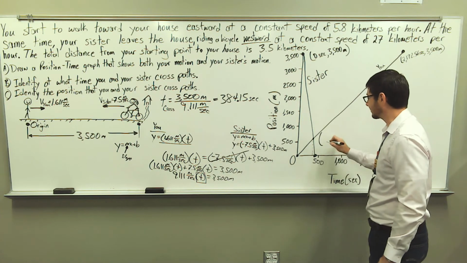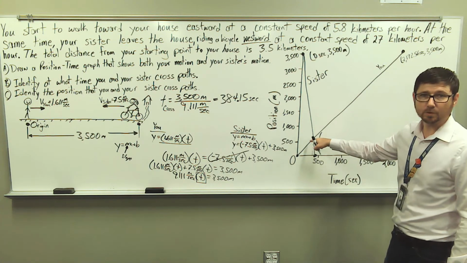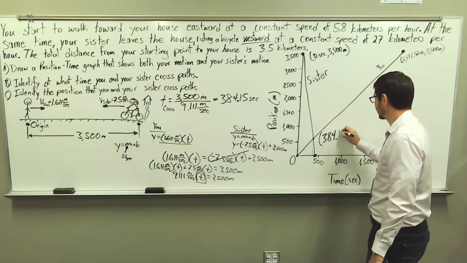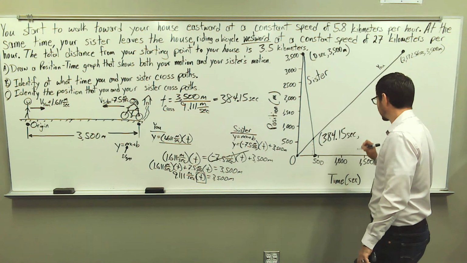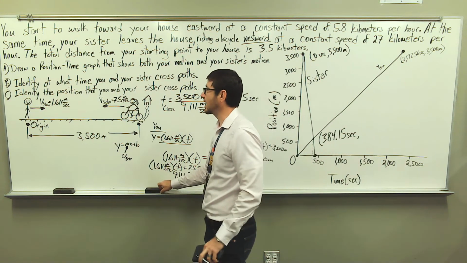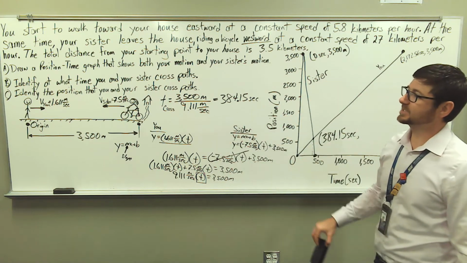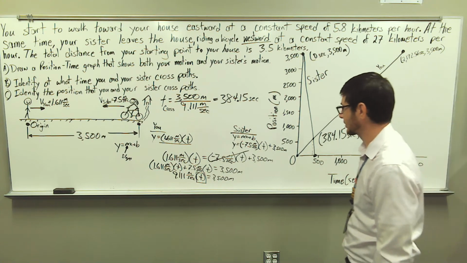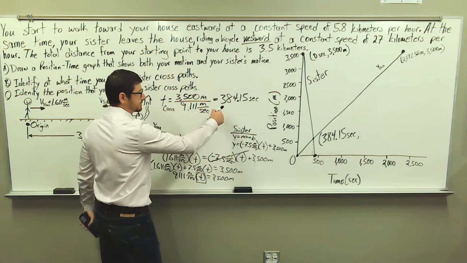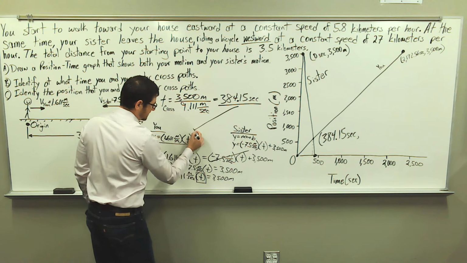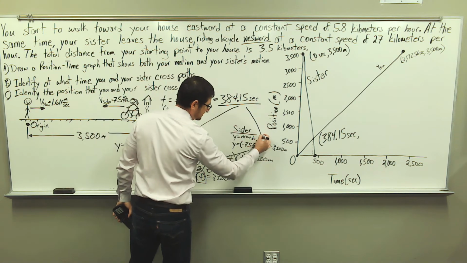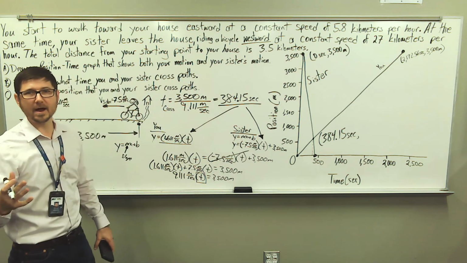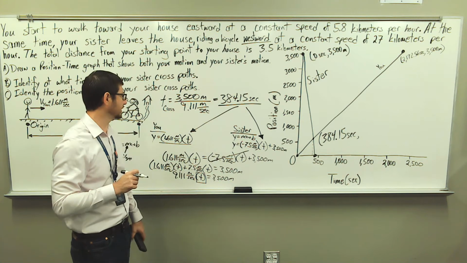I'm going to identify the time for this ordered pair, and the time is the x value, so 384.15 seconds, comma. And so for my y value, part C, it says identify the position that you and your sister cross paths. So what I can do is plug our value for time into either equation right here, and it will give us our y value, or our position that we cross.